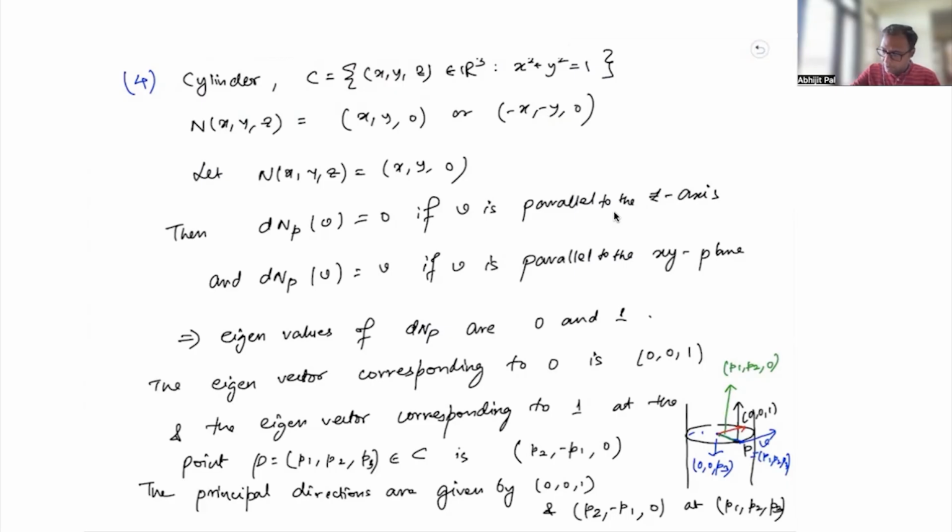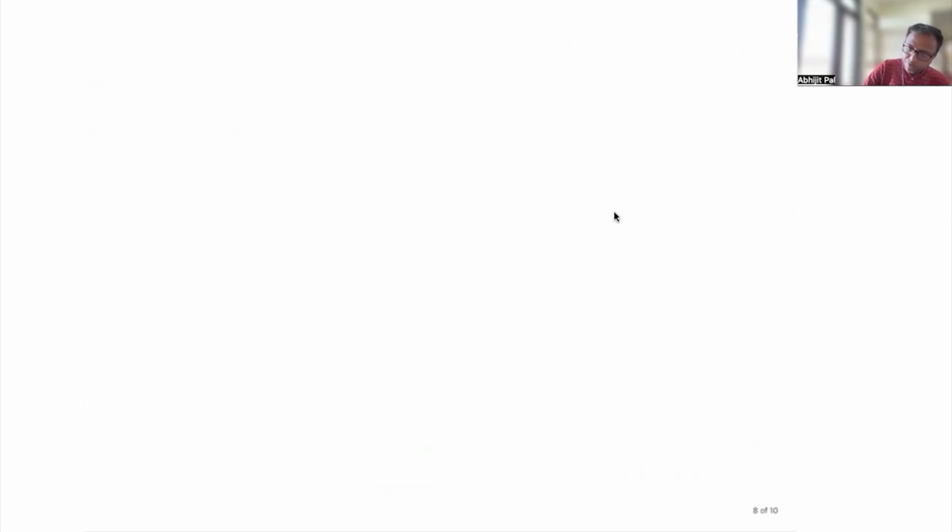Now, observe this thing. You have this cylinder, and this is my point P. The normal to the cylinder surface is given as follows: N_P is this.